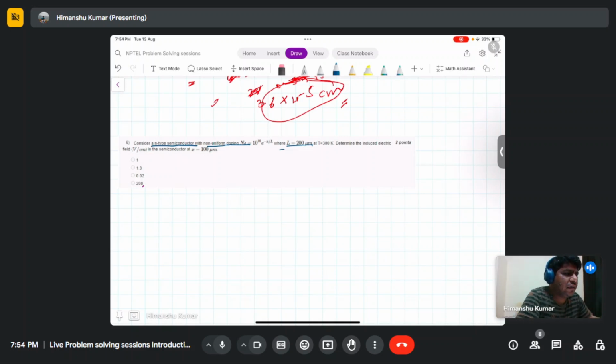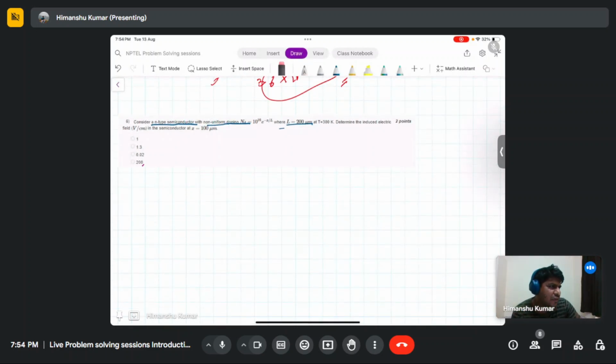So basically the doping profile is given as exponential. If you consider the potential variation in this region, it will be linear actually. Then you need to take the slope of that, and from the slope you can calculate the concentration.